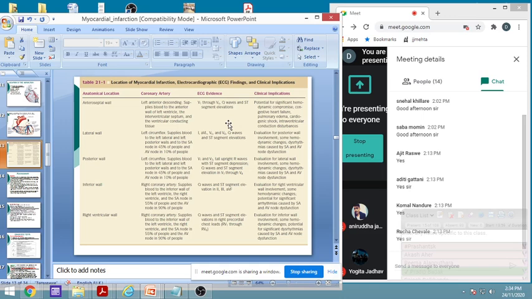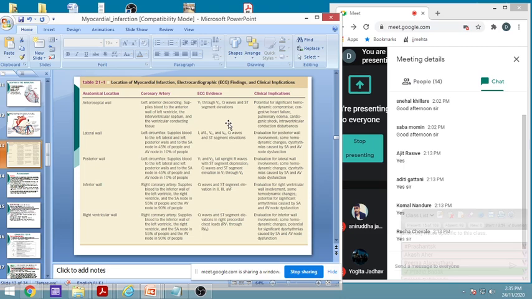Then next is the inferior wall. The artery supplying it is the right coronary artery. It supplies blood to the inferior wall of the left ventricle, the right ventricle, and the SA node in 55% of patients, and the AV node in 90% of patients. ECG shows Q waves and ST segment elevation.